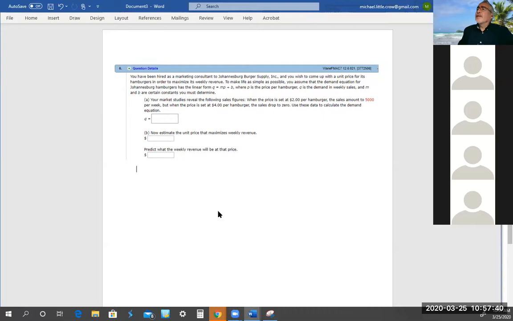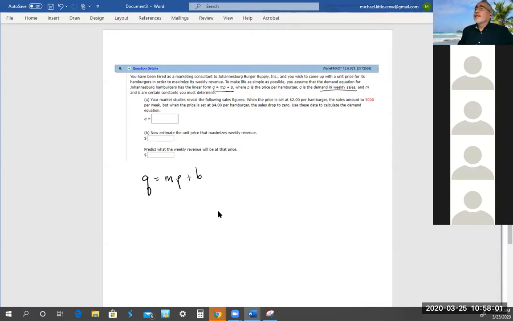We're assuming that the equation is a linear equation, so I'll write that a little bit bigger. Q equals the slope times P plus B. P is our X, Q is our Y, and Q is the demand in weekly sales.